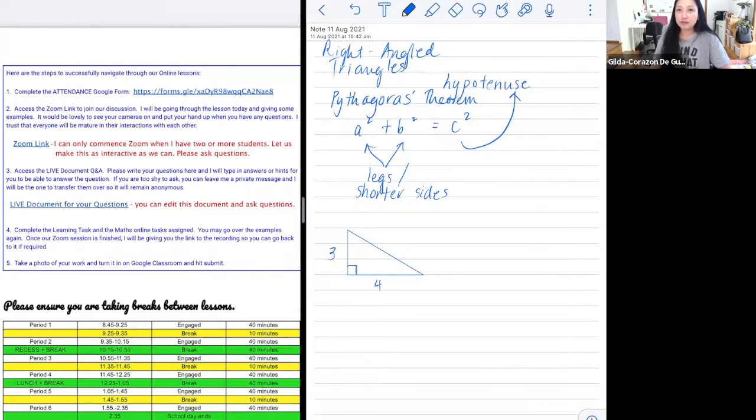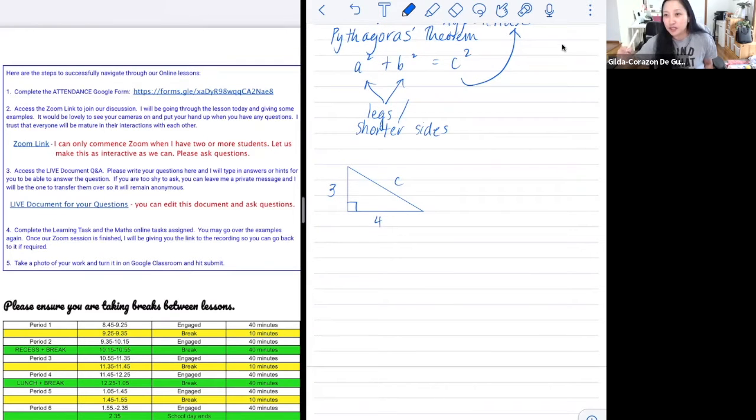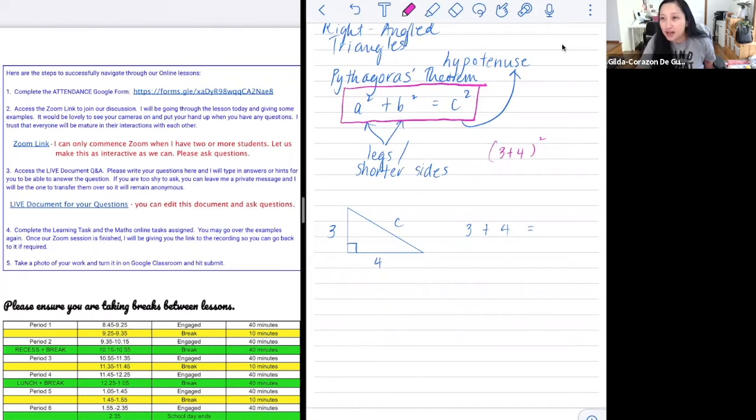What do we have for our C here, which is our hypotenuse? How do we use that formula again? So we've got 3 plus 4, would that be 7? What are we forgetting? If you want to get C, you add 4 squared and 3 squared.